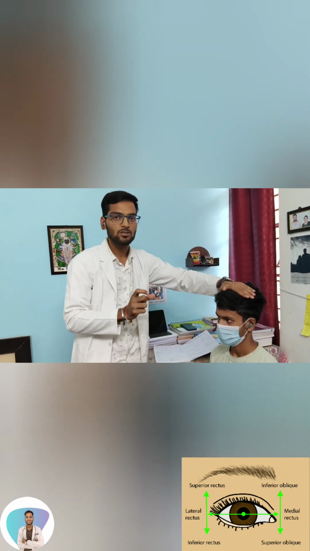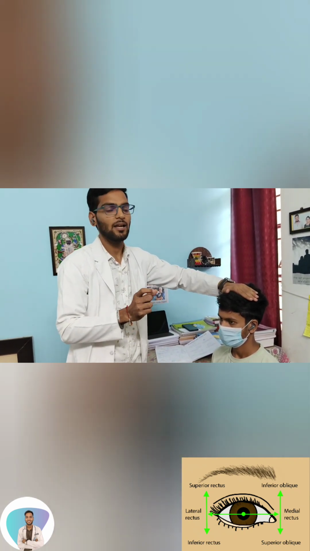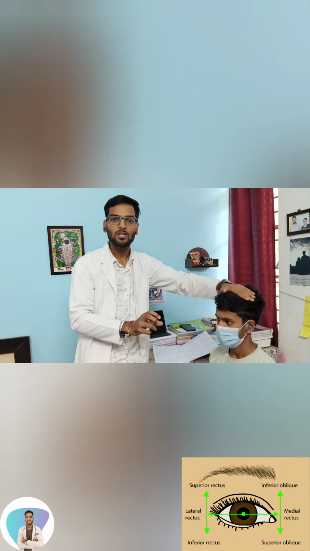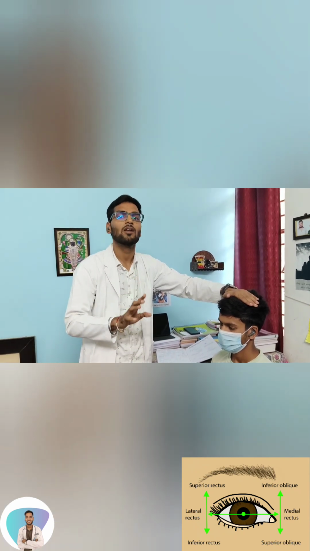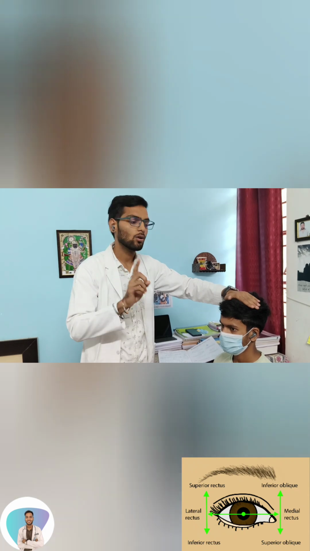Now the other way is the light reflex. The light reflex is one of the two reflexes which involve the 3rd, 4th and 6th cranial nerves, that is the light reflex and the accommodation reflex. First we talk about the light reflex, which is of two types, direct and indirect.